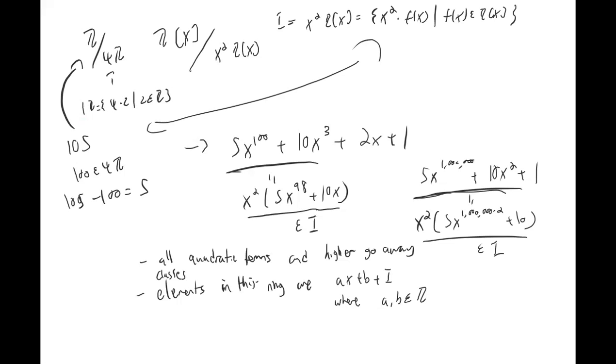It's just that we're working with a different ring now. Here it's the exact same thing. If I told you 104 plus 1, you would say that this is the same as 1, because I could kill off 104 because it's an element of 4Z. It's the exact same idea.